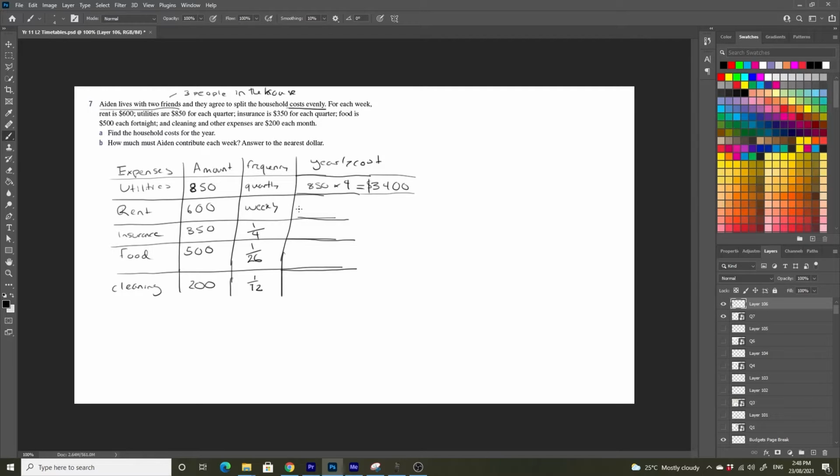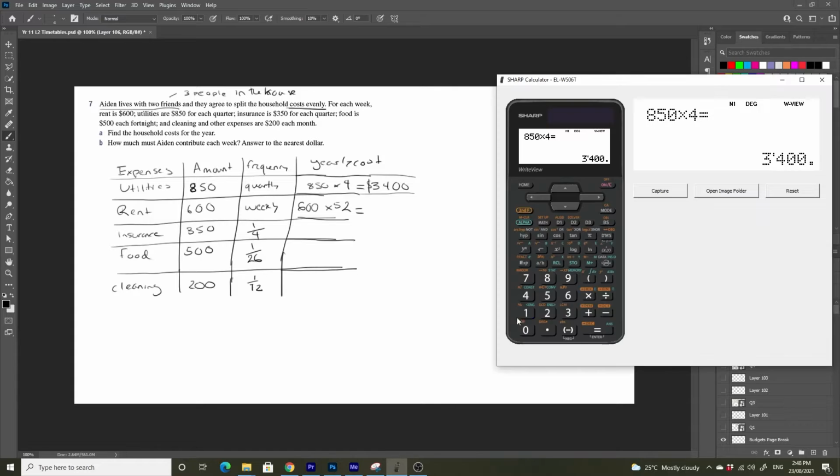What about our rent? Well, we know that there are 52 weeks in a year, so we have to take our weekly rent of 600 and times it by 52, which will give us our annual rent, $31,200.